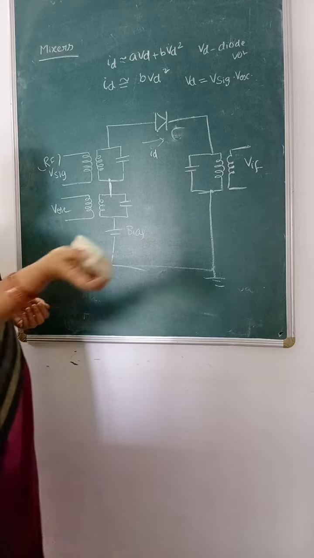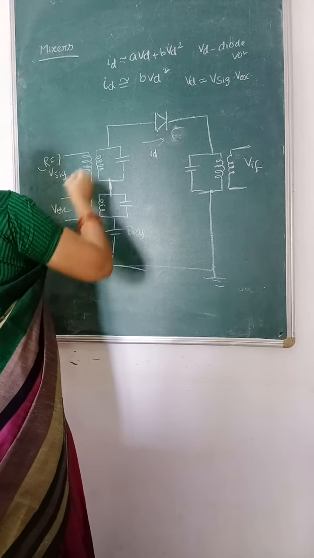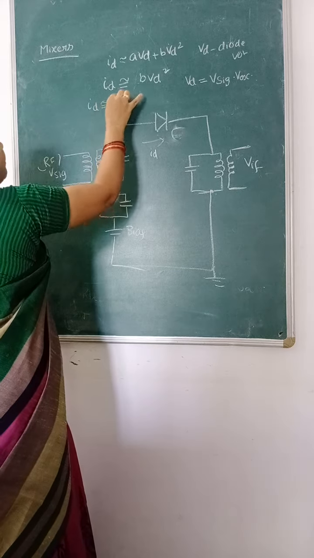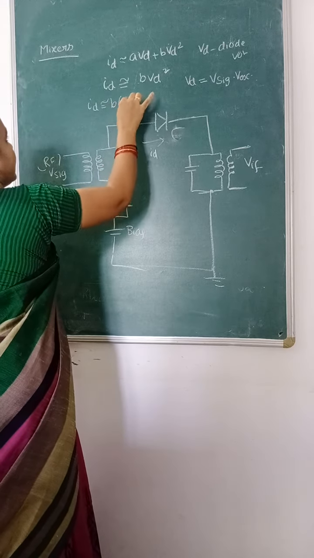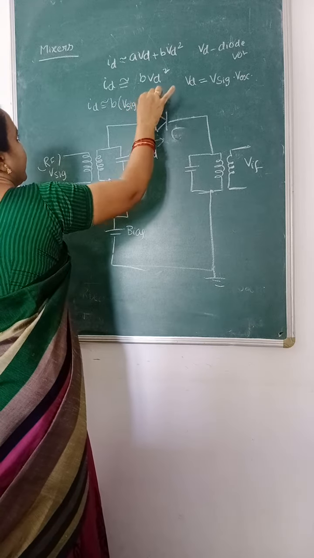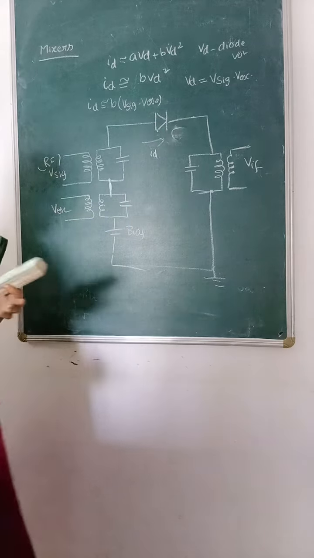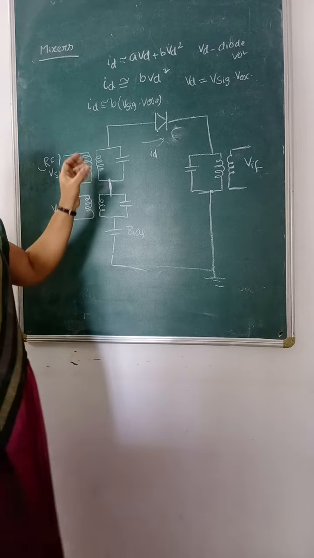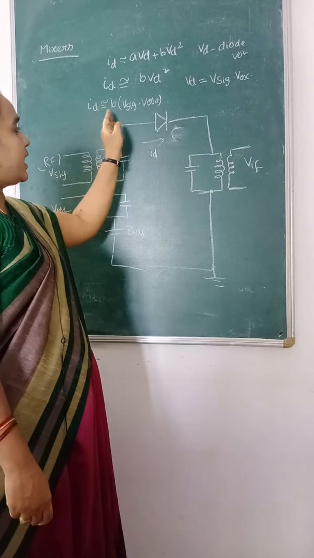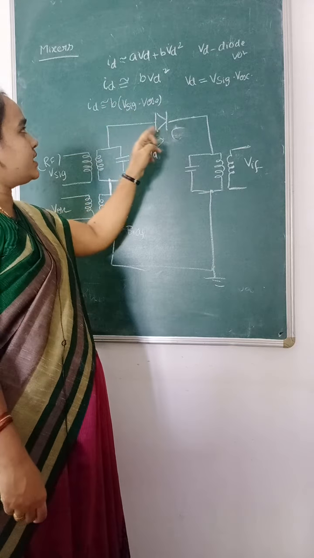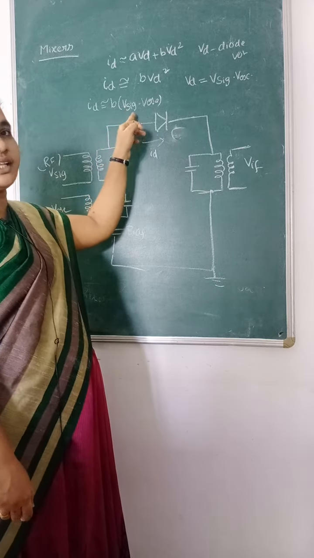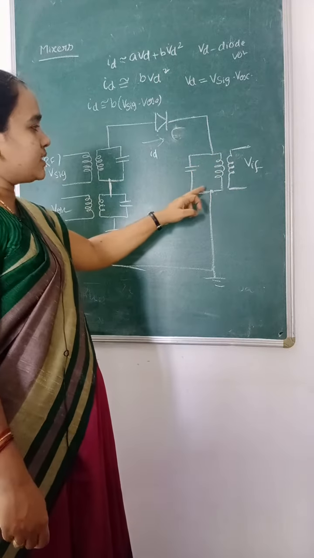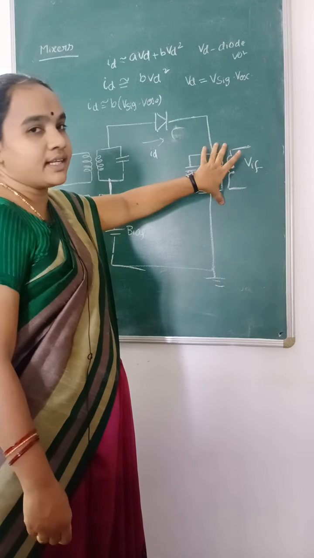Hence this diode current is nearly equivalent to B V signal into V oscillatory. That means the current passing through this diode is B into V signal into V oscillatory. The same current will also pass through this tank circuit.